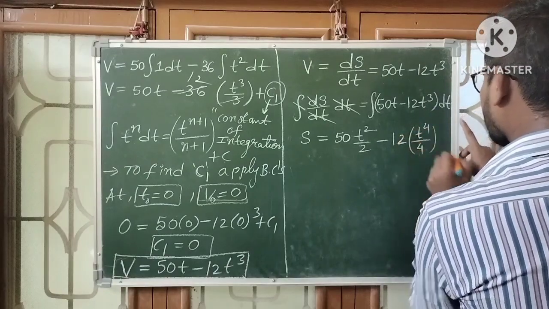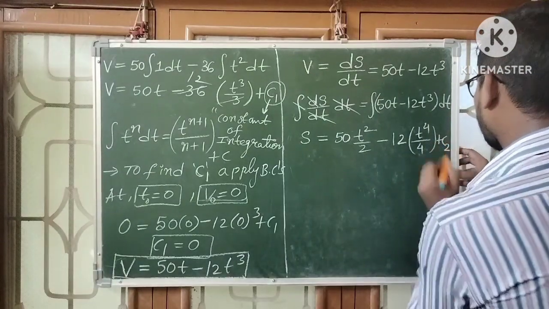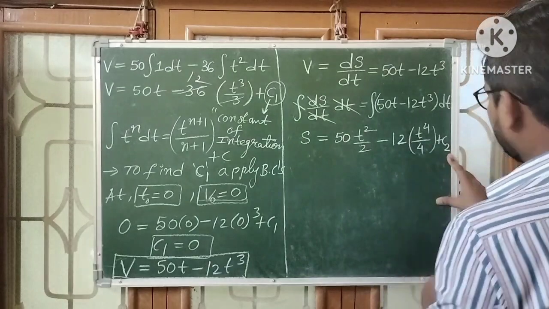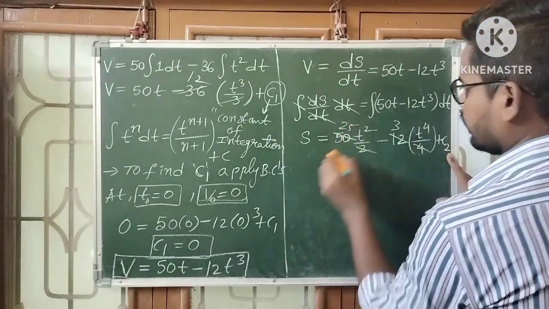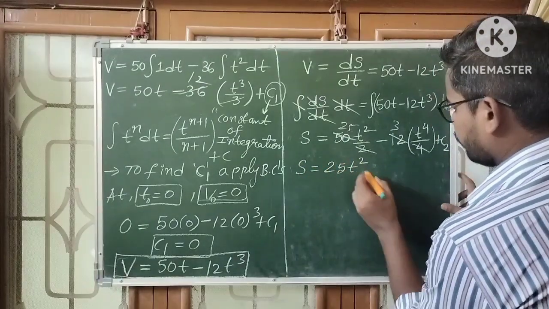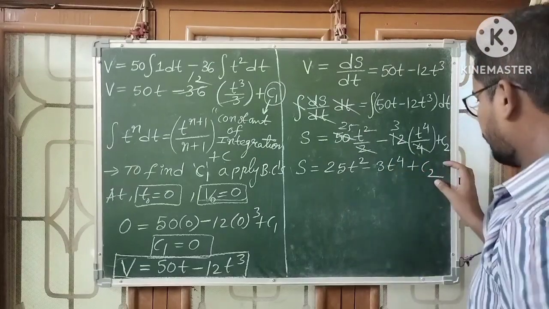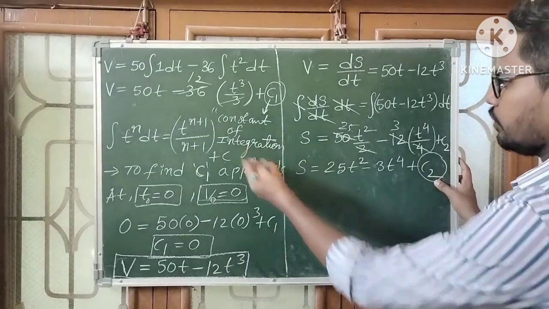Whenever we apply integration, we always add some constant. Let us say C2, since we already considered C1 here. So 4 1s are 4, 3s are... 2 1s are 2, 25s are... So s is equal to 25t square minus 3t power 4 plus C2. Here C2 is called the integrating constant or constant of integration.